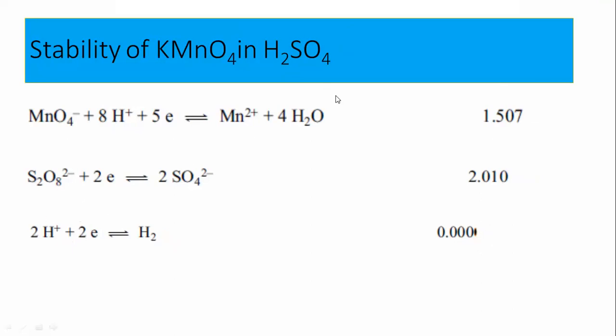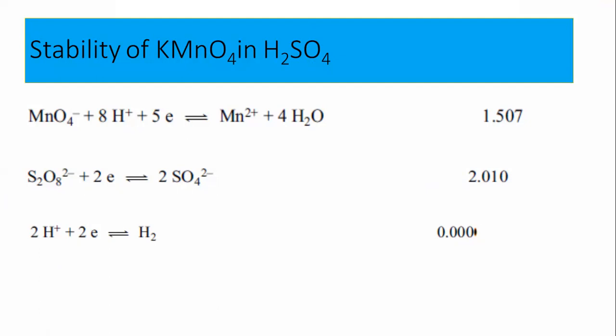H2SO4 again has two half cells, one is the H positive, the other one is the sulfate. H positive is given here. This is the sulfate half cell, S2O8 forming plus 2 electrons converted into sulfate, or sulfate when oxidized is converted into S2O8. Now check the possibility whether MnO4 will react with sulfate or not.